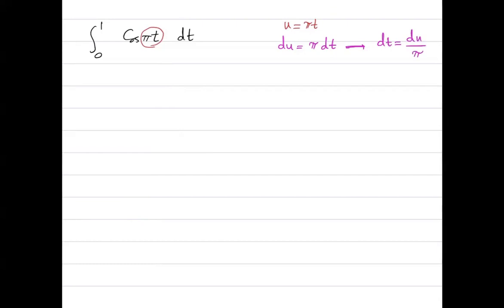Well, okay, this integral becomes the integral of cosine of u, and dt is now du divided by pi. This can be written as 1 over pi integral of cosine u du, that you already know how to deal with.